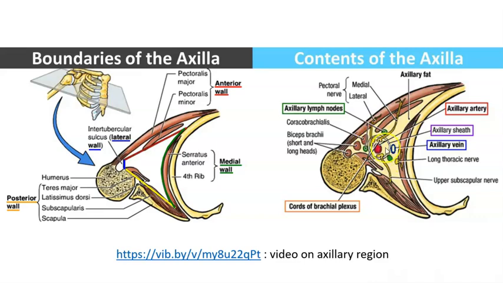Yeah, cord of brachial plexus located in the cervical axillary canal. Okay, other than lymph node, artery, vein, there are also muscles here, which are coracobrachialis and biceps brachii muscle as part of the content.